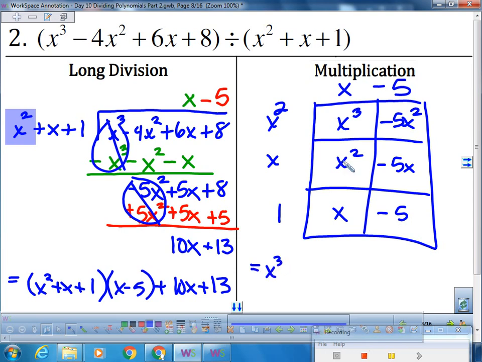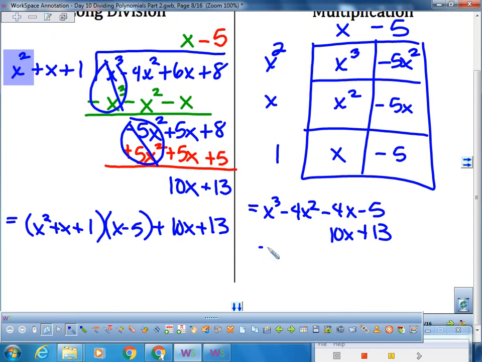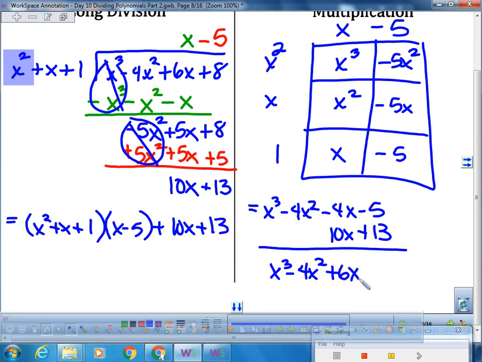I have an x squared and a negative 5x squared makes negative 4x squared. I have a positive x and a negative 5x makes negative 4x minus 5. And what do I need to add to that? I need to add 10 x's. And I need to add 13. Which gives me a total of x cubed minus 4x squared plus 6x plus 7 plus 8. Is that right? Does it match this? It checks.